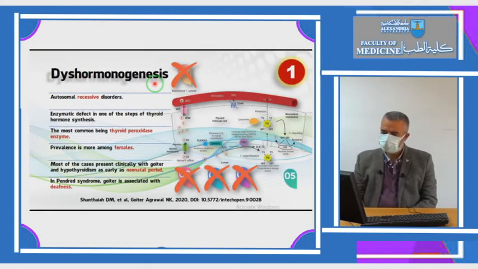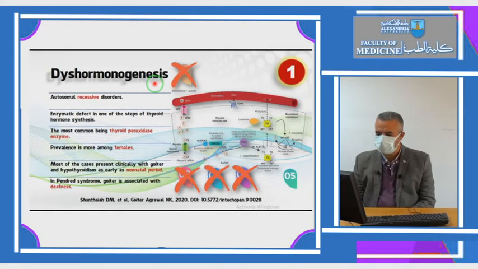So actually, dyshormonogenesis is a group of autosomal recessive disorders that result from an enzymatic defect in one of the steps of thyroid hormone synthesis, the most common of which is thyroperoxidase. As I told you, it is more common in females. Most of the cases will present in the form of goiter and hypothyroidism as early as the neonatal period, and only in Pendred syndrome is the goiter associated with deafness.